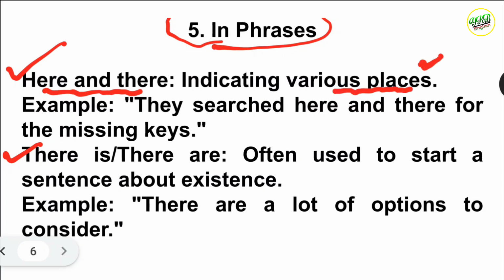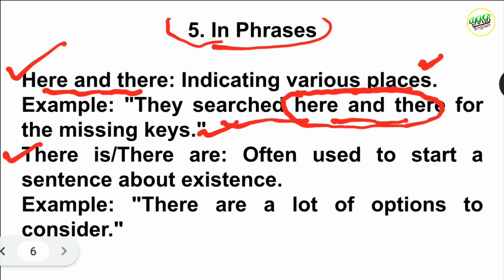For example, they searched here and there for the missing keys. There is or there are is often used to start a sentence about existence.